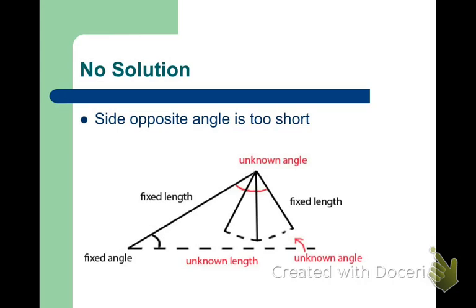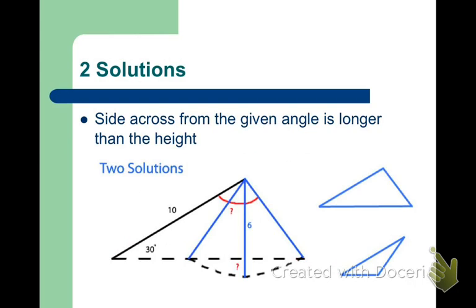You'll get no solution if this side, which was A, opposite angle A, is too short. Technically speaking, that means it's shorter than the height from this point down to this dotted line side. And we get 2 solutions, like I mentioned and like you saw in class, when this side is longer than the height and not longer than the other side given.